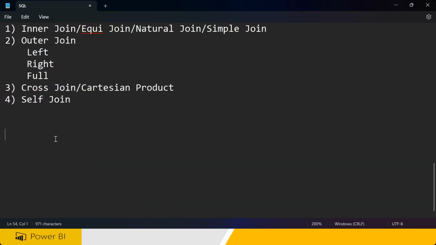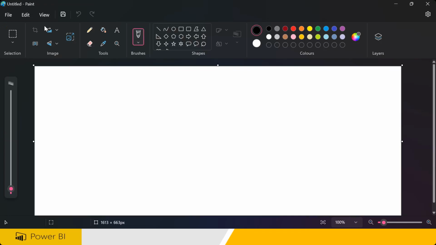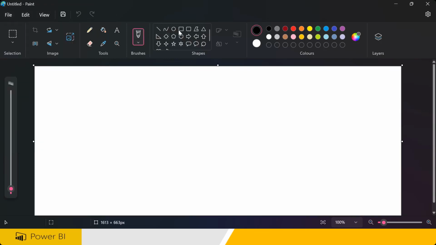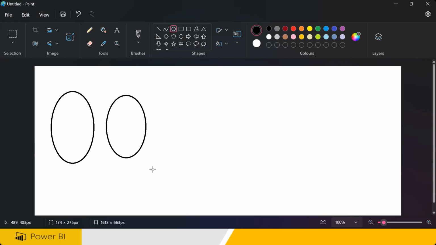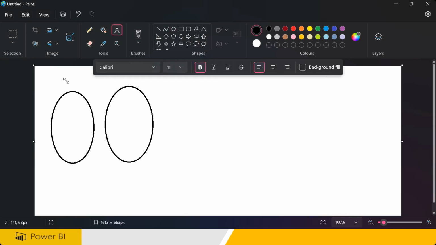Let me talk first about what an inner join is. Let me use Paint. Let me create data set A and data set B. I'm going to create two data sets.